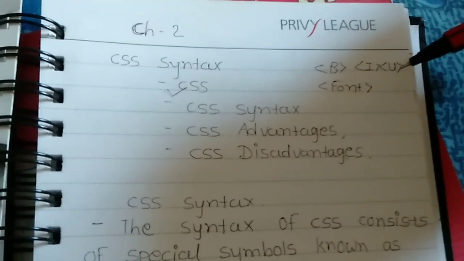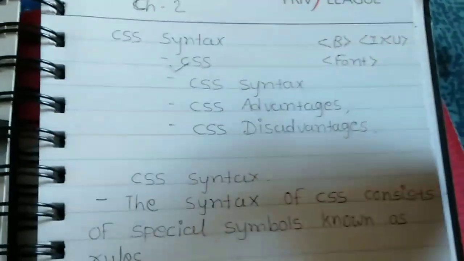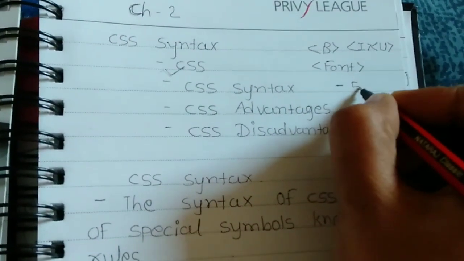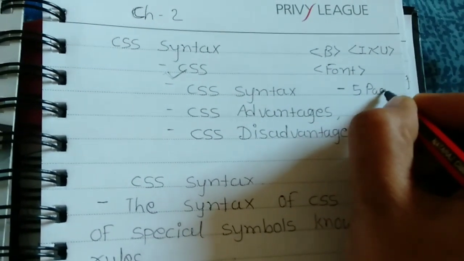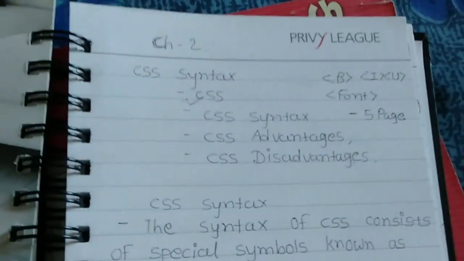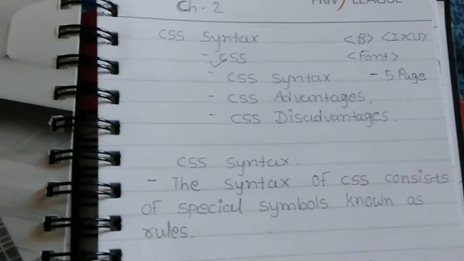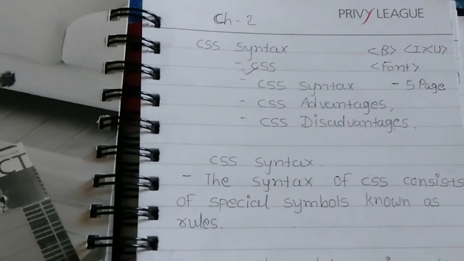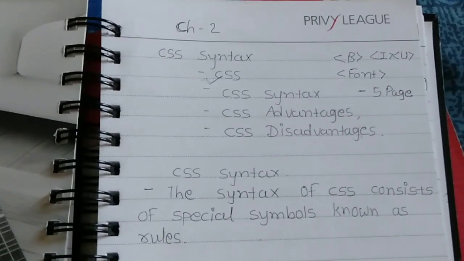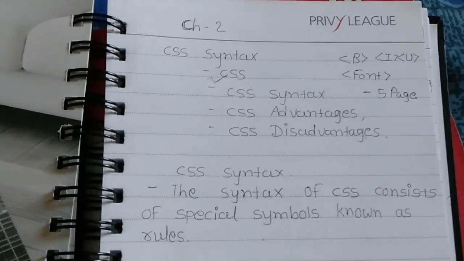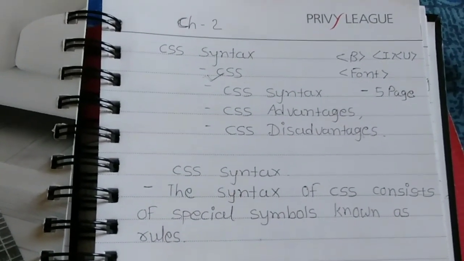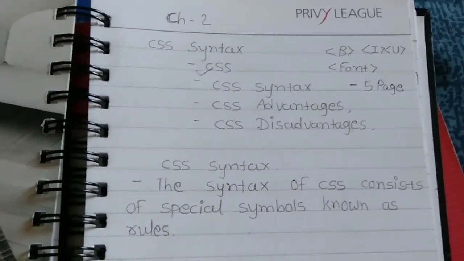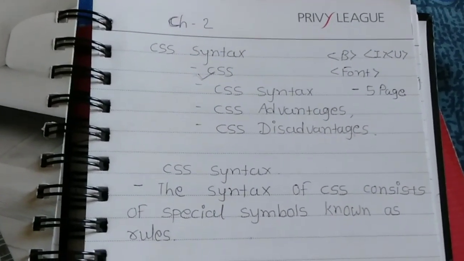If I tell you to create five pages, how many pages? Five pages. First page is the registration page. Next, you have to create a sign up page, a sign in page, a sign out page. Various pages you have to create, and in all these pages you have to apply the same effect. For example, my first page is the registration page.